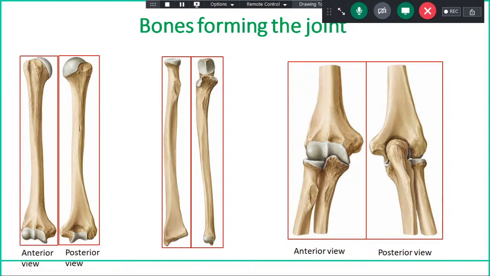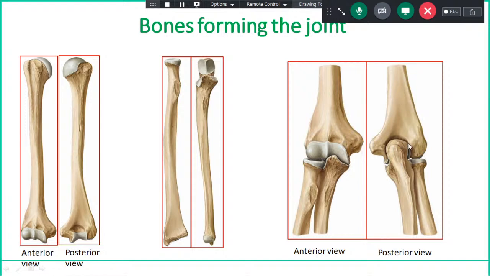Okay, and in the upper end of the forearm bones, you can see the coronoid process of the ulna, shelf-like projection, the tuberosity over here, the ulnar tuberosity. On radius, you can see the head, the neck, the radial tuberosity, and some part of the shaft of the radius.